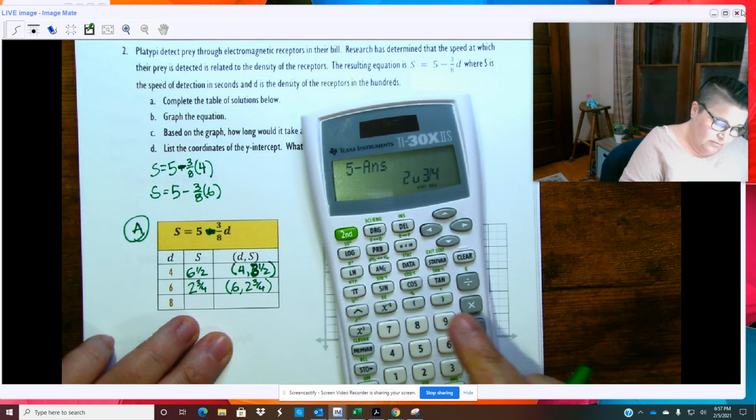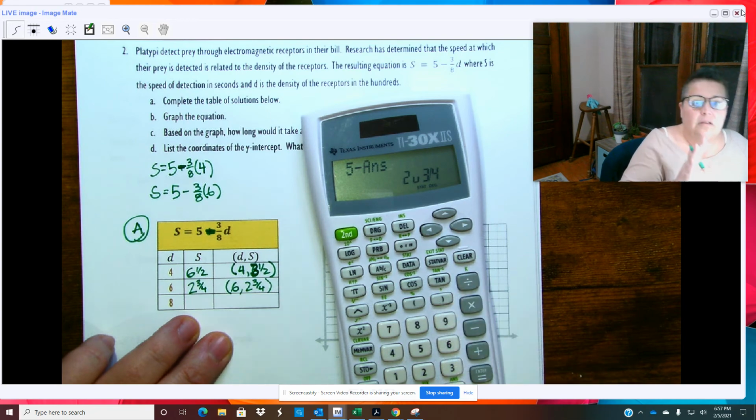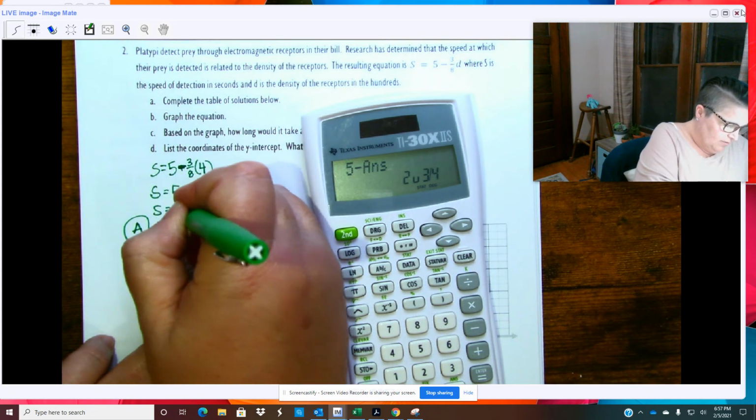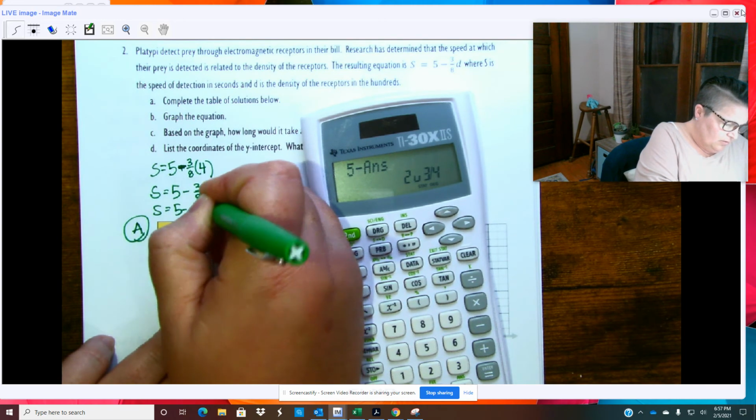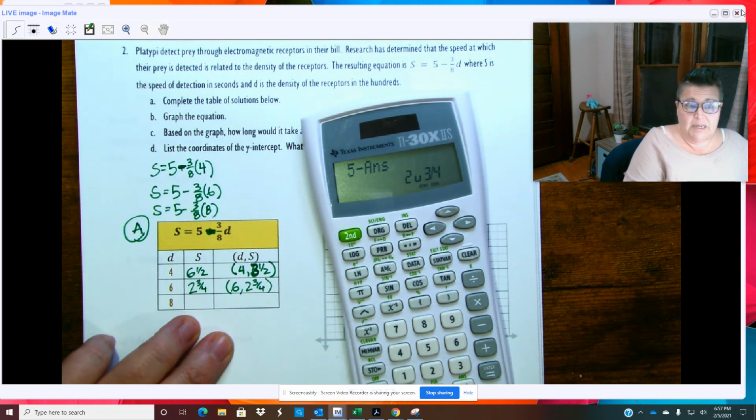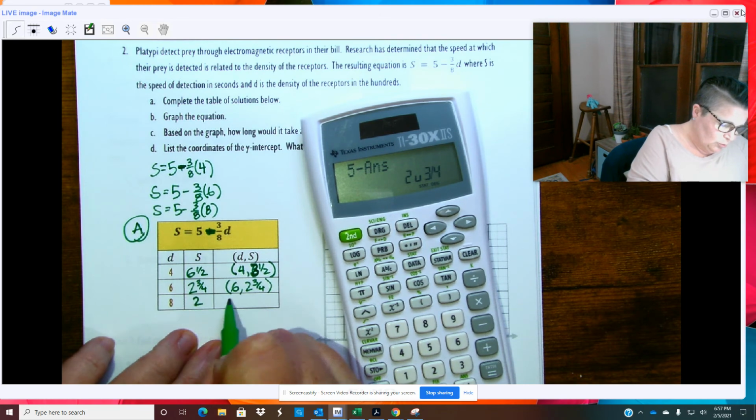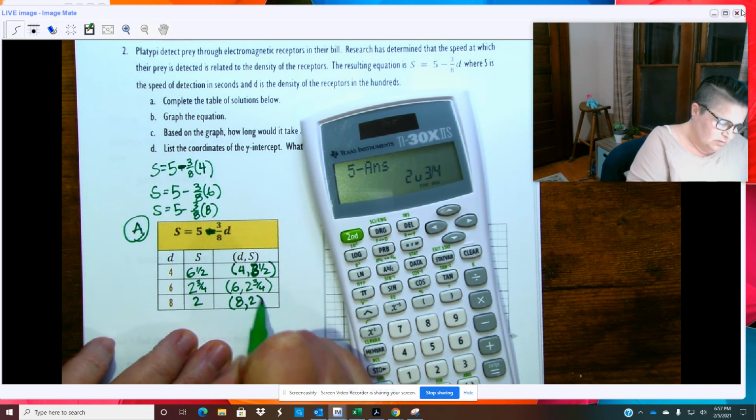All right. And then for 8, well, 3/8 of 8 is 3. I know that one. So S is 5 minus 3/8 of 8. That's just going to be a 3. So 5 minus 3 is 2. And that gives me 8, 2. All right.